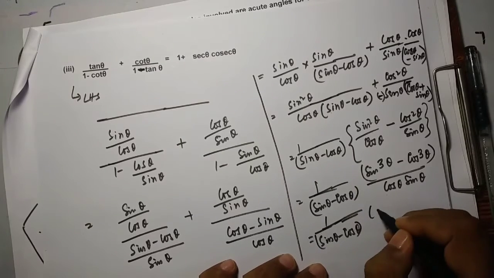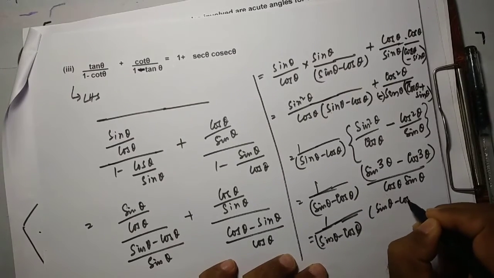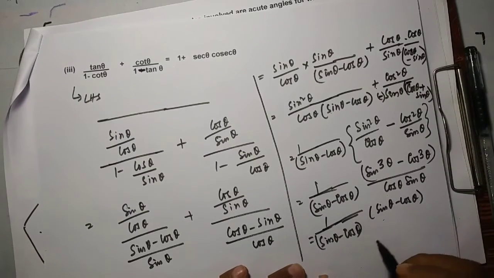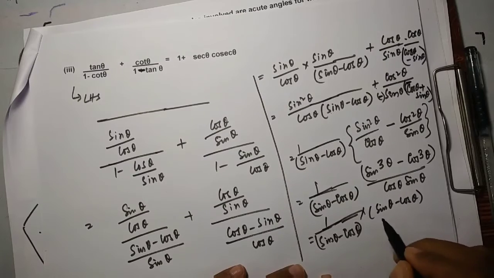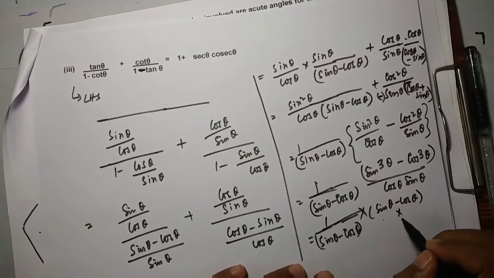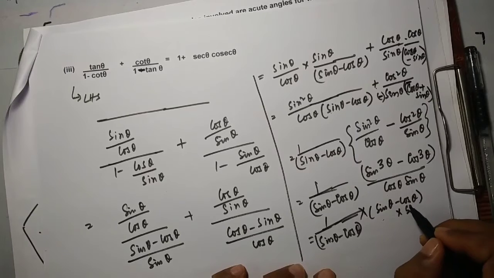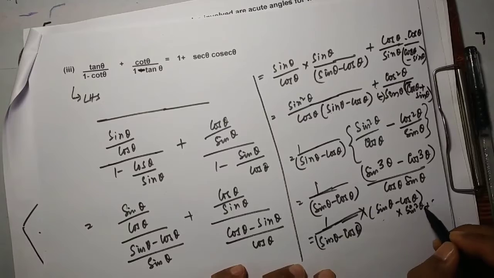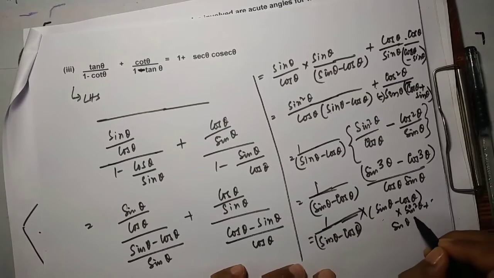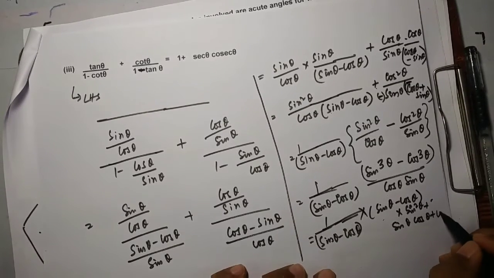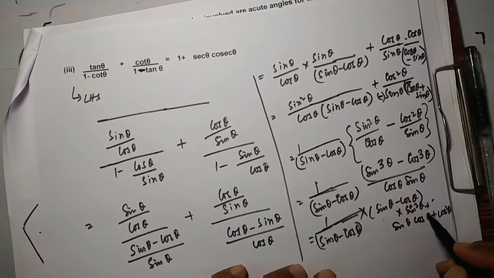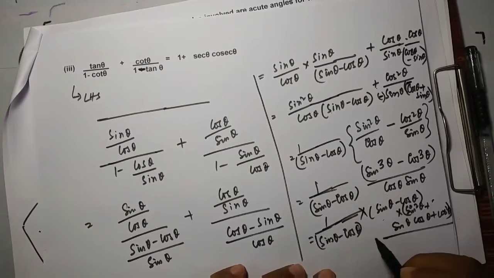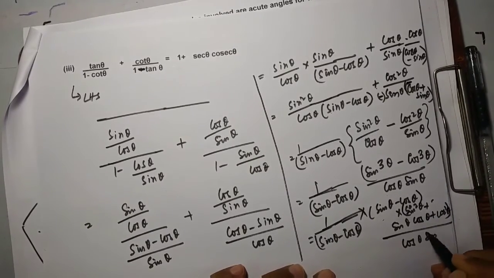So here in our case, sin theta minus cos theta into sin square theta plus sin theta cos theta plus cos square theta, over cos theta sin theta.